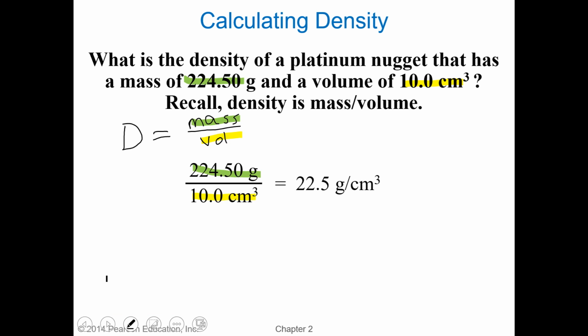Now, note, technically this would have been 22.450, but we are limited to 3 significant figures because when dividing, we're limited by the number that has the least amount of significant digits, in which case that's the 10 right there. So 1, 2, 3, 5 is 5. So we round the 4 up. That's where this 5 is coming from.